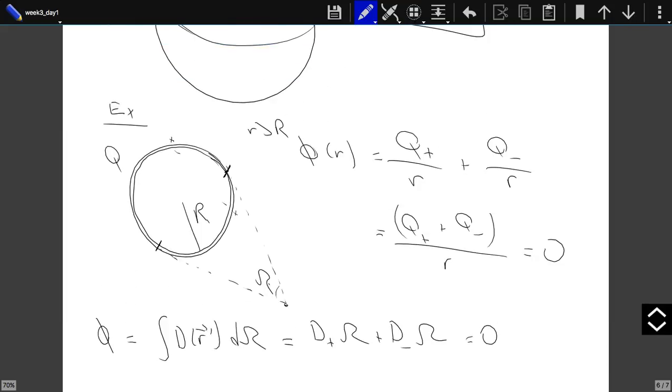And only if we assume that the sphere is homogeneous can we use these expressions, because for a homogeneous spherical shell, if we are outside this shell, the system behaves as if it is just a point charge at the center. So when we set phi of r equal to 0, that is q plus plus q minus is equal to 0, because we are assuming the charge density has a spherical symmetry.